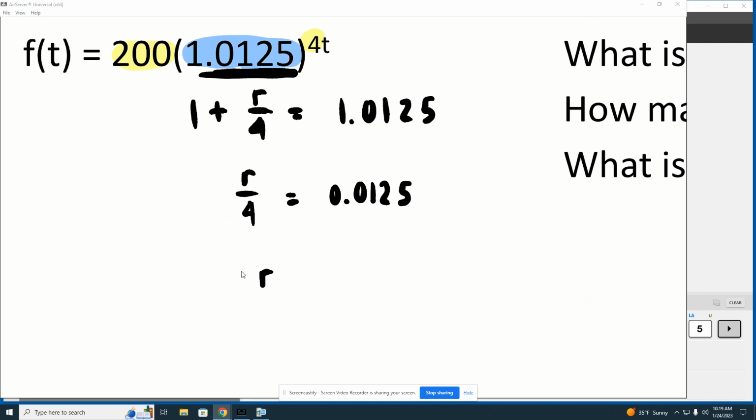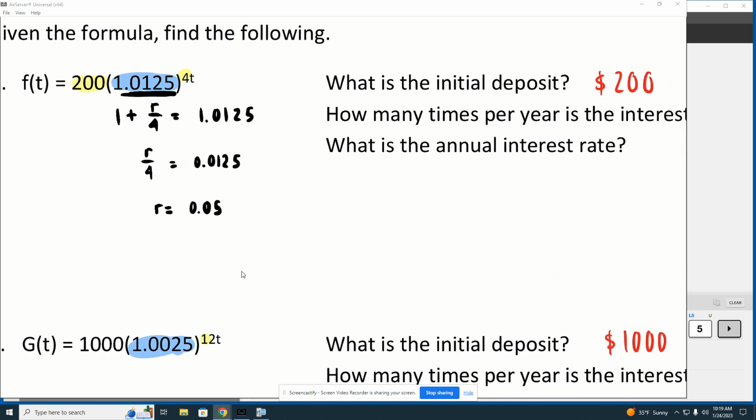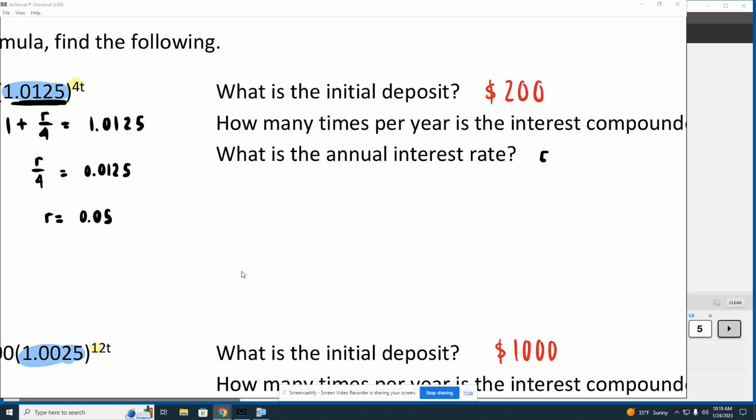So take your calculator and multiply 0.0125 by 4. What do you get? 0.05. So guys, what's my rate? 5%. Y'all get that?